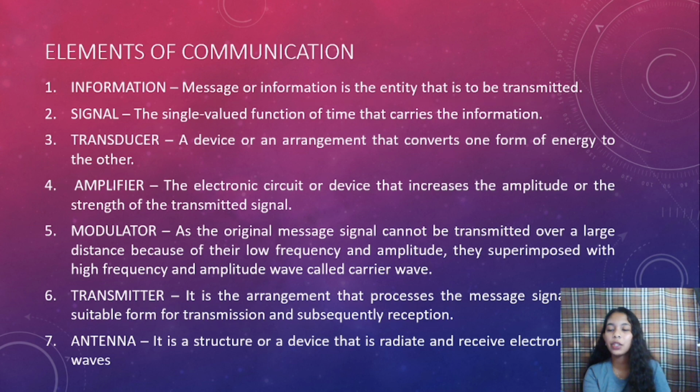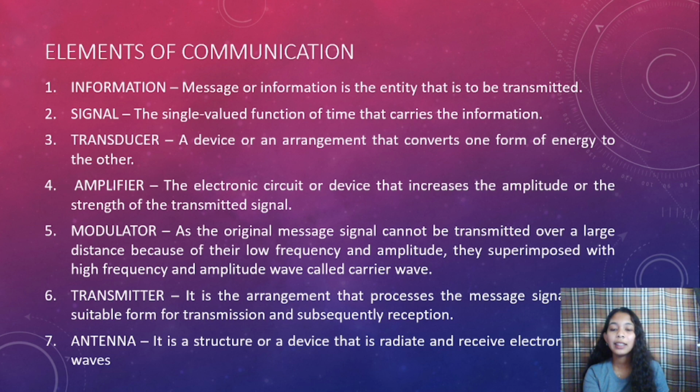Next is the transducer, a device or an arrangement that converts one form of energy to the other. So an electrical transducer converts physical variables such as pressure, force, temperature into their corresponding electrical variations. Next is amplifier.